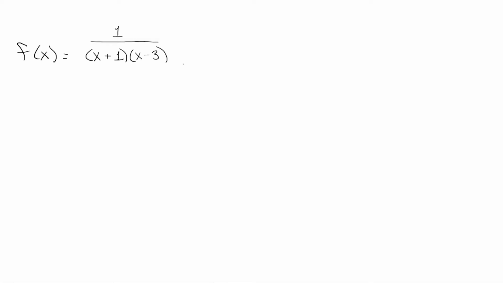Let's look a little bit more at the domain. In this case, I want to consider the function f of x equal to 1 over x plus 1 times x minus 3. If I think about what the domain is, what x values are allowed? If we think about what x values we can put in, we might notice this division. In particular, we cannot divide by 0.